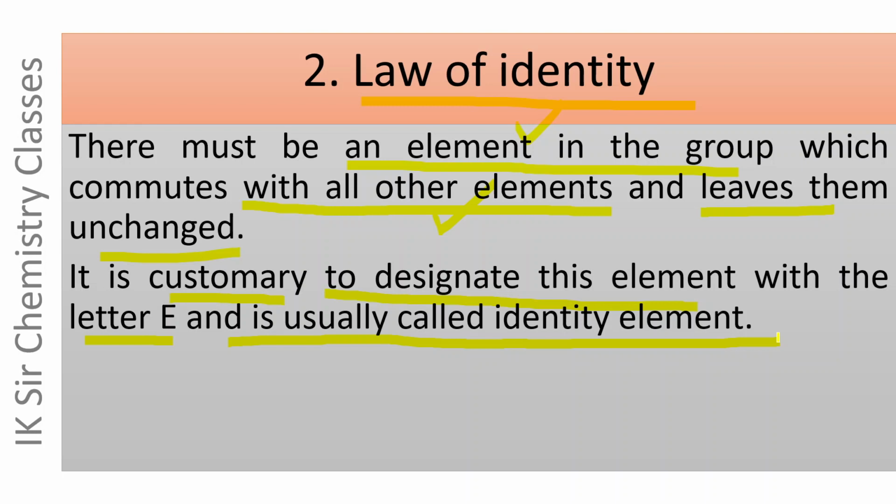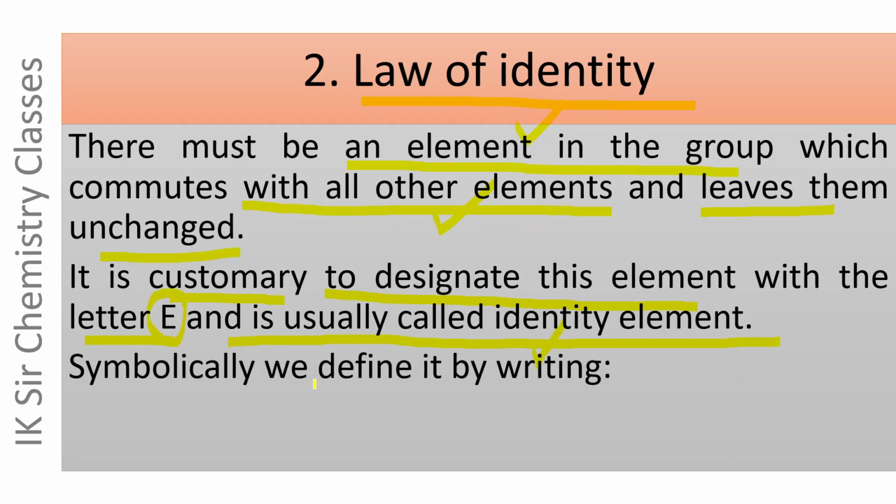There must be an element in a mathematical group which commutes with all other elements of the group and leaves them unchanged, and this element is called the identity element, and it is denoted by the symbol E. Symbolically, we can define it by writing: E is the identity element, X is any element of the group, and if any element of a group is multiplied by the identity element, it will remain unchanged.